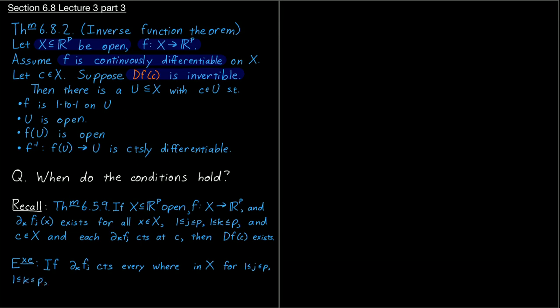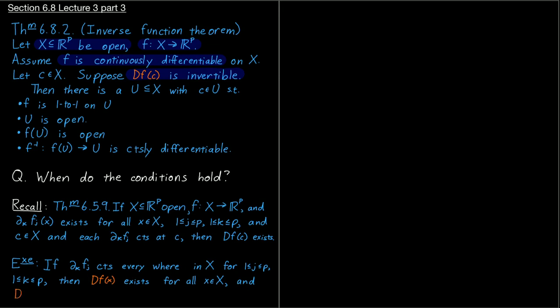well, theorem 6.5.9 tells us that df of x exists for every x in X because the partial derivatives are continuous at x. And this is the exercise part.